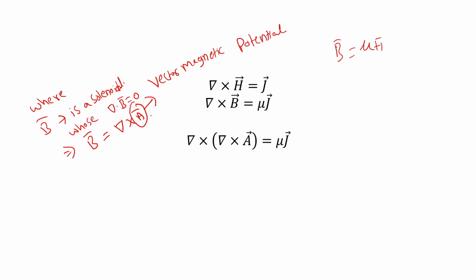So I can rewrite this as del cross A bar. But the interesting thing about A bar is that it is not unique.